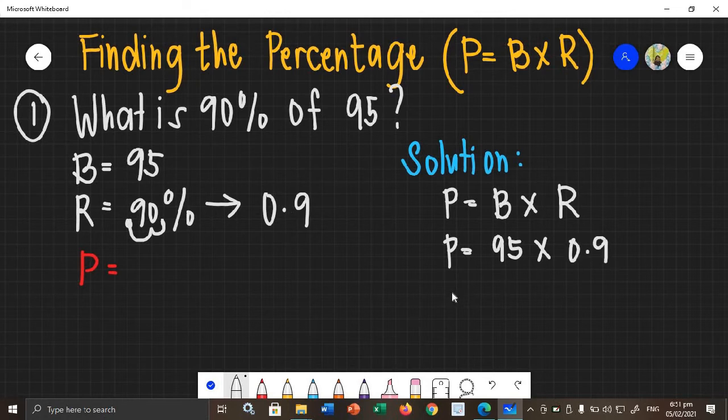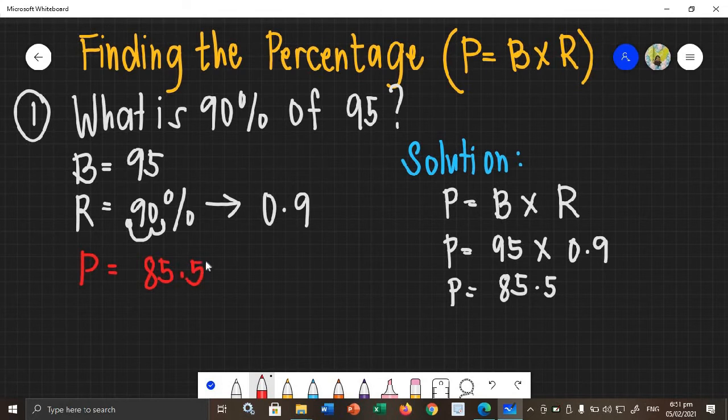So, you can use calculator, no? I'm not saying na you should do this manually. So, 95 times 0.9 is equal to 85.5. Okay? So, 85.5 is now the value of your percentage.